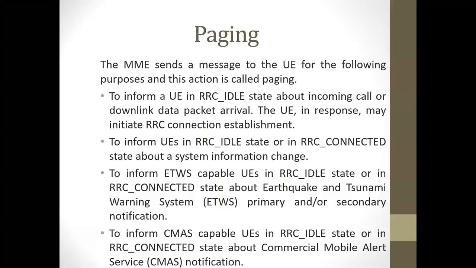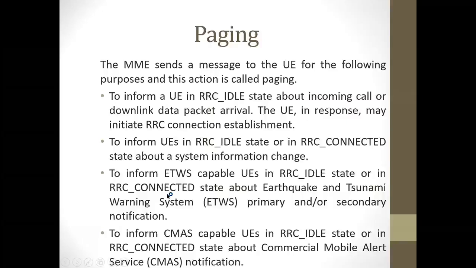These notifications are sent on SIB. This ETWS notification is sent on SIB type 12. As soon as the mobile receives it, it uses the beep sound and the flashing, whatever it is supposed to do. And it does it whether you are in RRC idle state or RRC connected state.